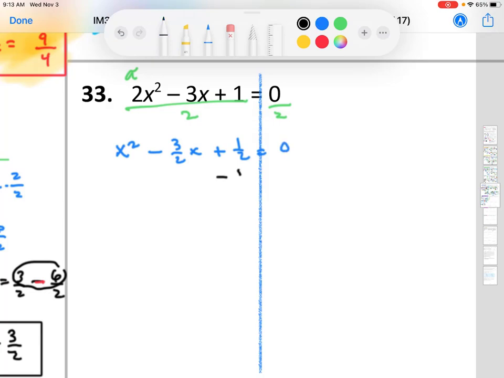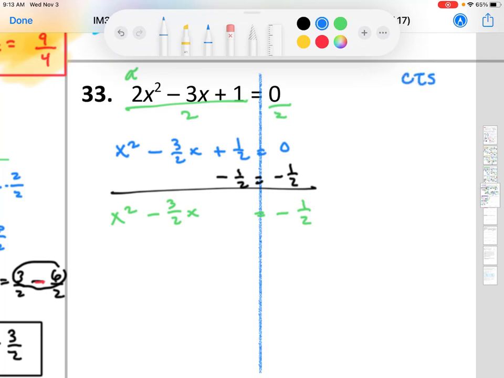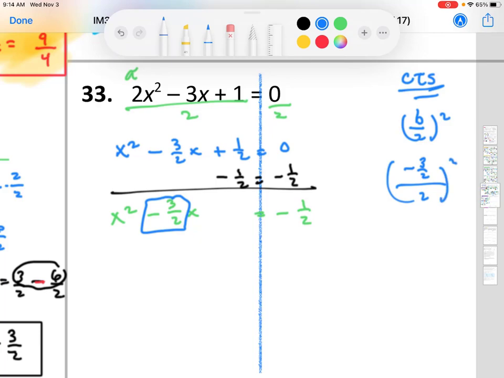I'm going to move the c value over. And I have x squared minus 3 halves x equals negative 1 half. At this time, I'm going to go ahead and do CTS, completing the square. The formula is b over 2 squared, so we're going to take half the b value here. So this is going to be negative 3 halves over 2 squared.